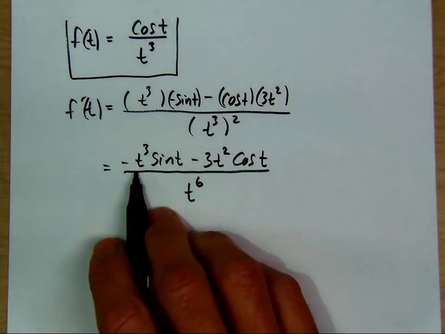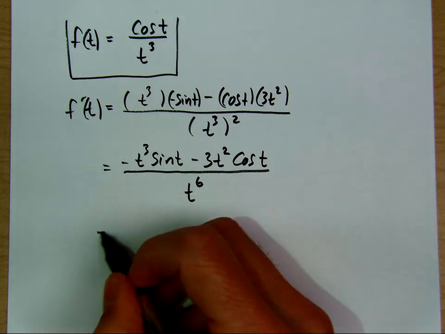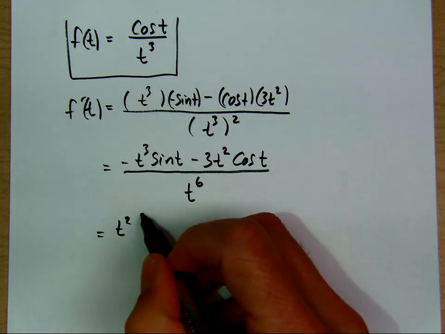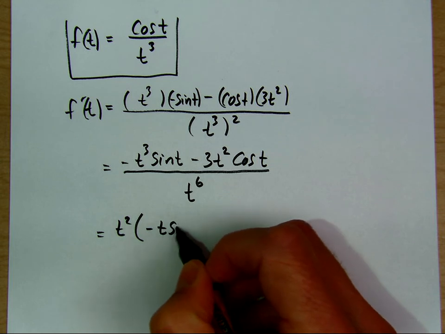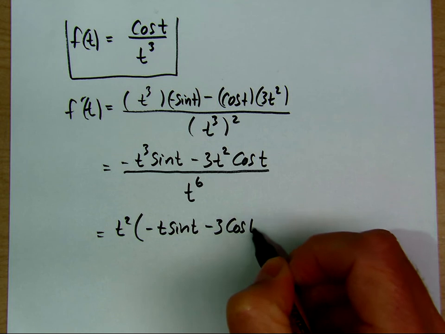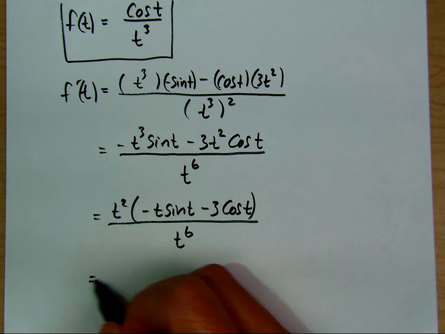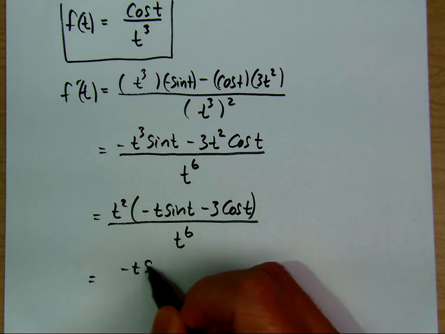Here we have a common factor of t squared, and we could take the t squared out. So then we reduce.